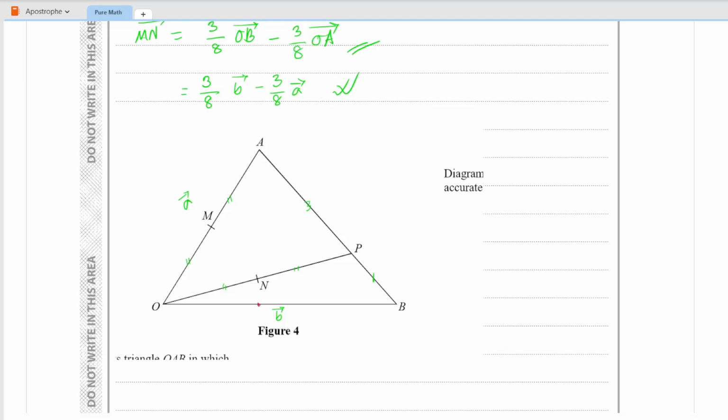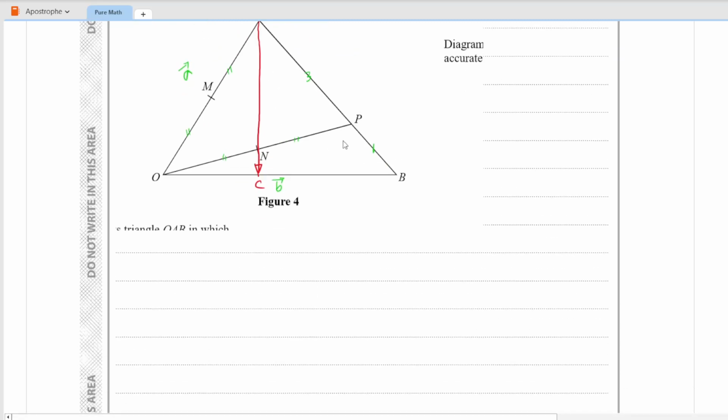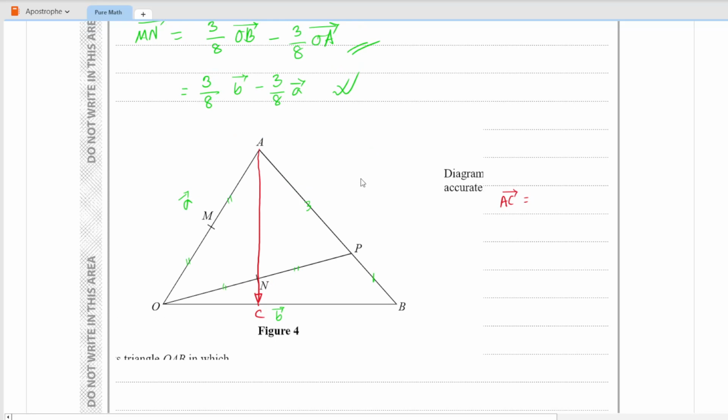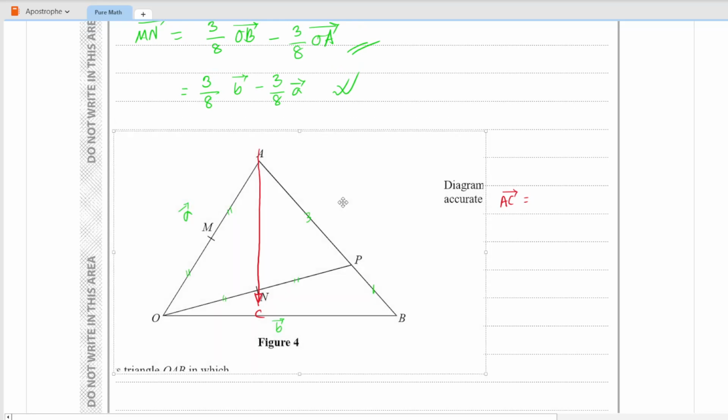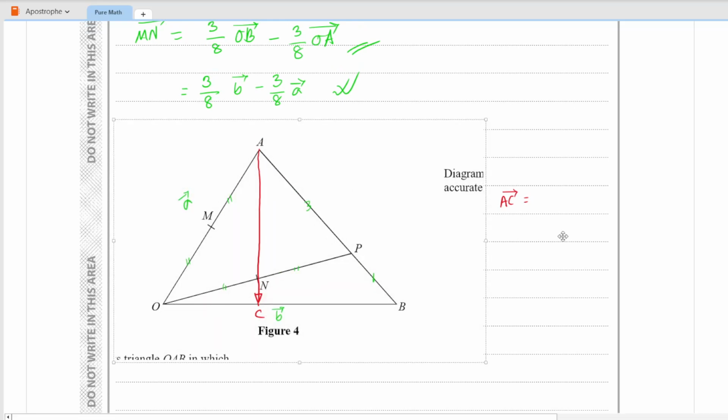This is our point C. Okay, so we can draw this line right here. So the vector AC we can express in two ways.